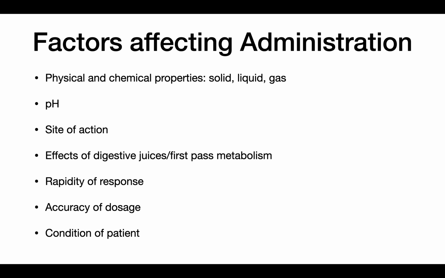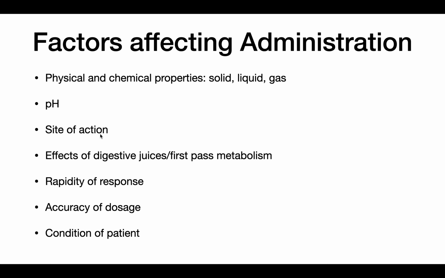There are a bunch of factors that affect administration, starting with the physical and chemical properties, so whether the drug is a liquid, a solid, or a gas, which affects how to administer the medicine. The pH of blood, urine, etc. also affects the administration route.